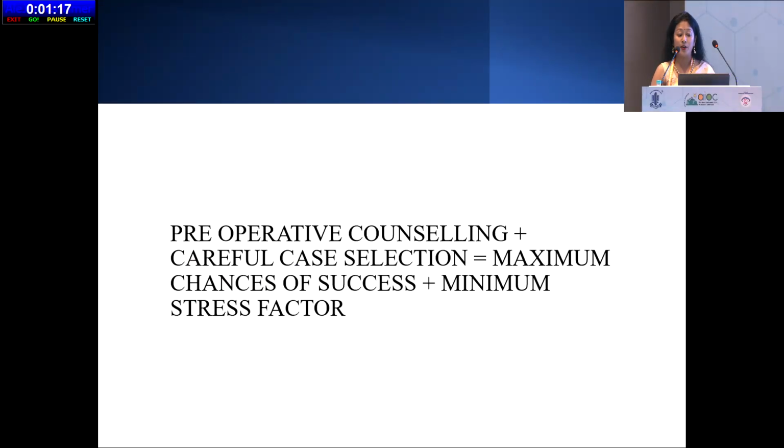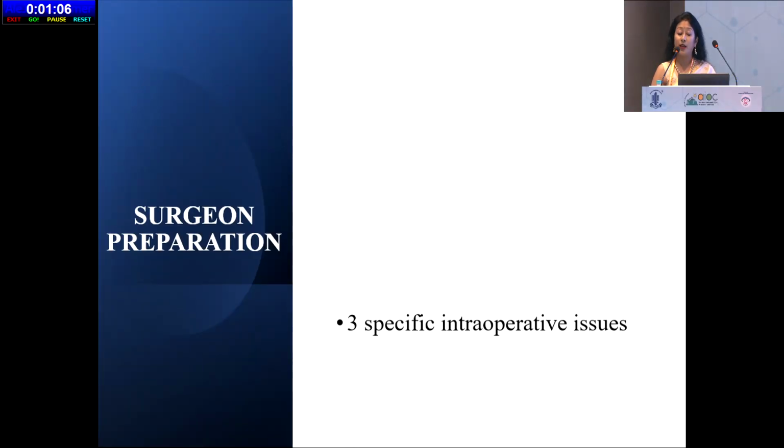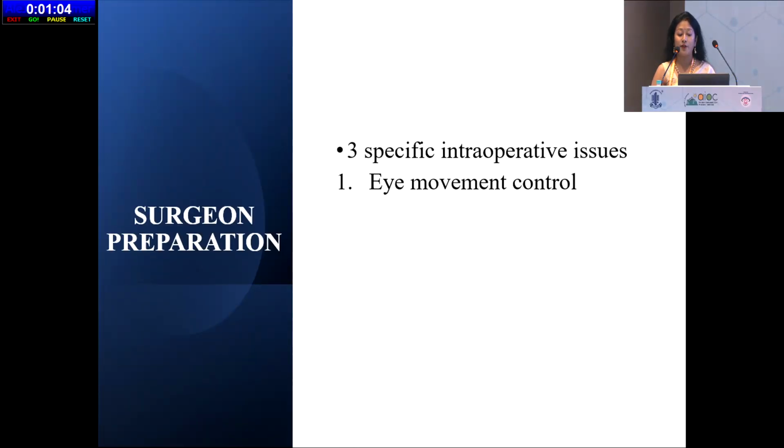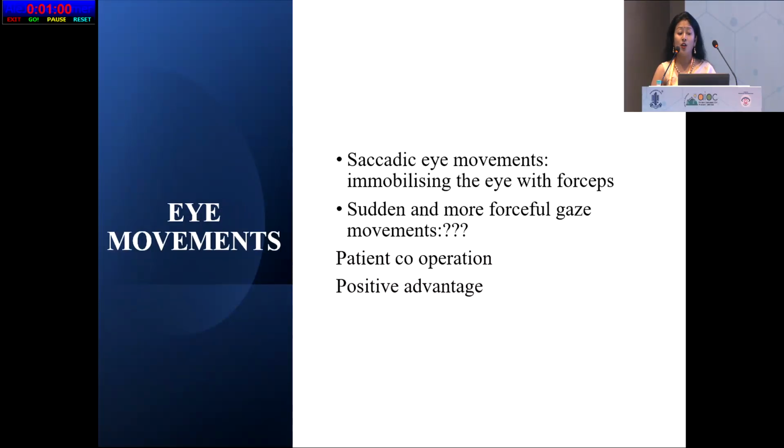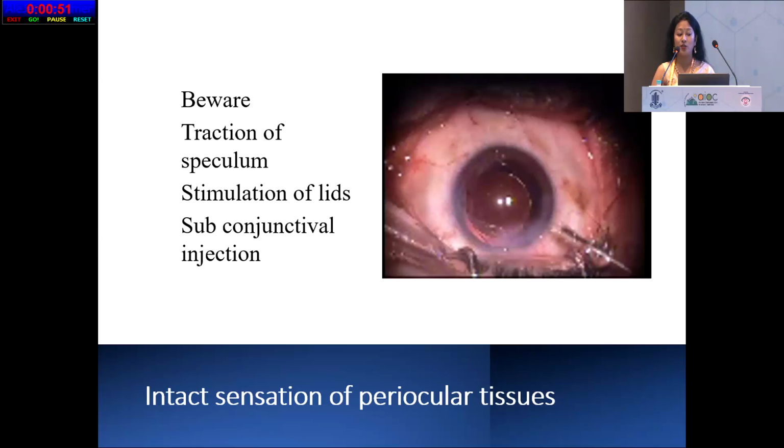So with this preoperative counseling and careful case selection, you will maximize your chances of success and minimize the stress factor both of the patient as well as the surgeon. So what about our preparation? Here again we have 3 specific issues which I will be dealing with one by one. Saccadic eye movements are disconcerting, but sudden and forceful gaze movements can be a problem, so you need to seek the cooperation of the patients.